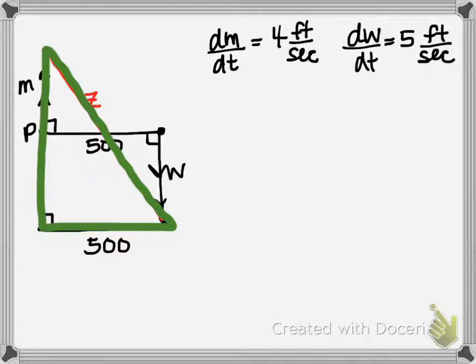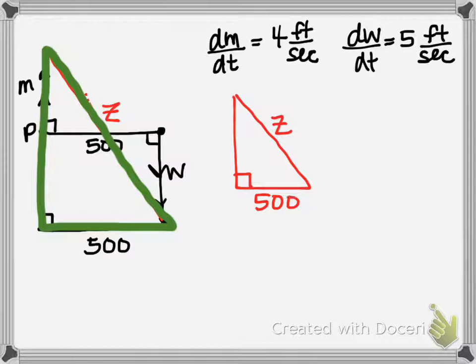Let me do that better for you. The hypotenuse of this right triangle is the distance between the man and the woman, which we had previously labeled as z. So looking at this triangle drawn alone, I have a hypotenuse of z and I have a base of 500. So now we just need to think about what the height of this triangle would be.